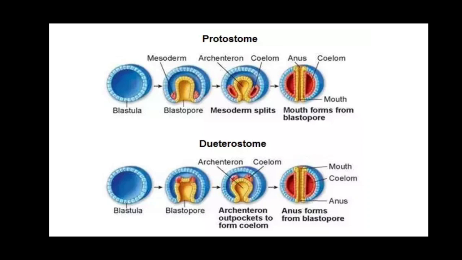And you can see in the diagram, there are three different colors. The red color shows the mesoderm, the blue color shows ectoderm, and the yellow shows the endoderm. The mesoderm would split up to form the cavities which will change into the coelom.